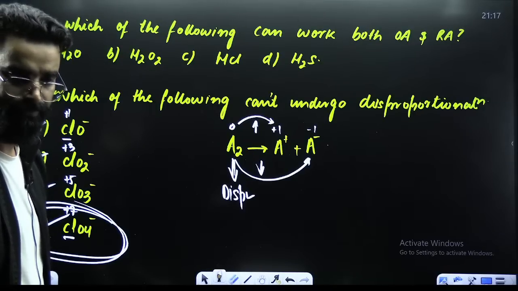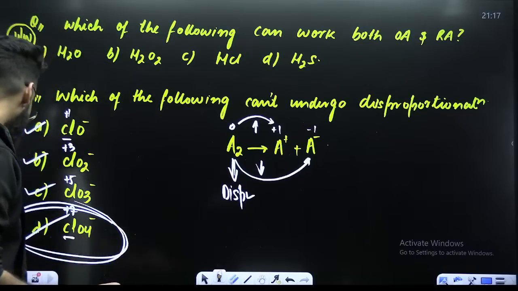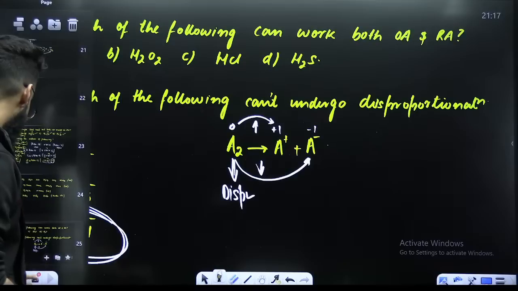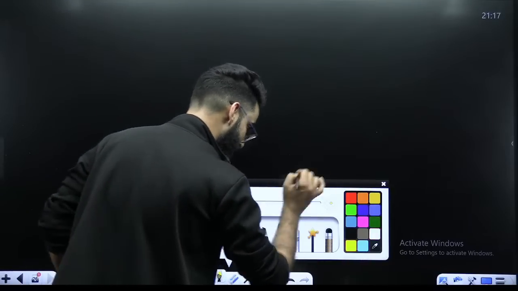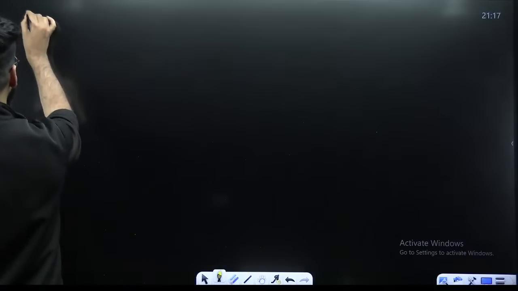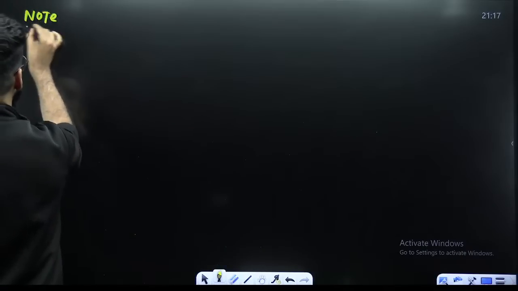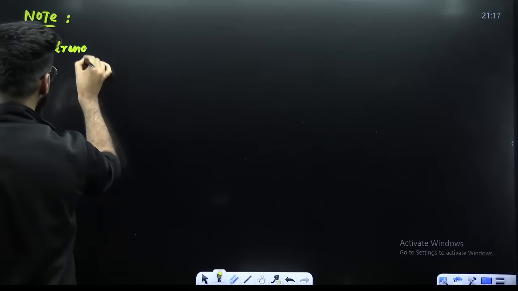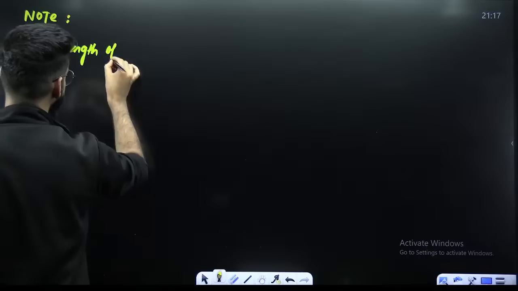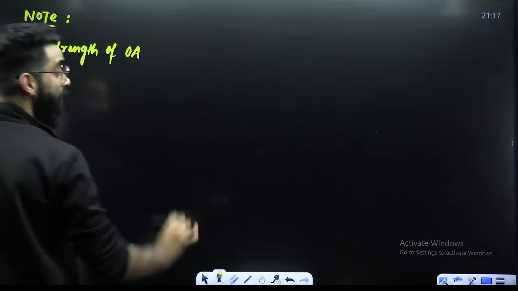Now, there is one last question which can be asked when it comes to oxidation reduction. Sometimes they'll ask you a question related to the strength of an oxidizing agent. They'll ask which oxidizing agent has more strength, which is the better oxidizing agent.